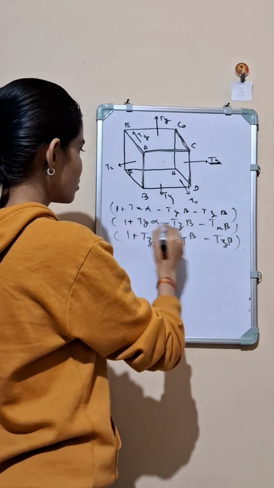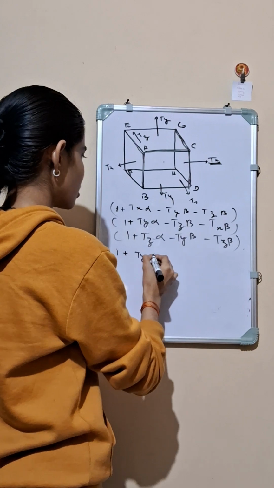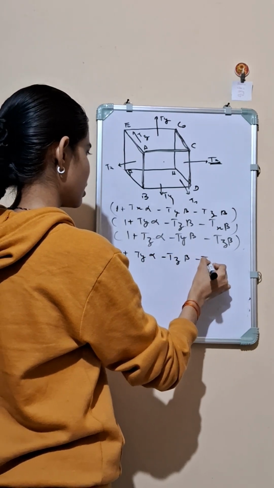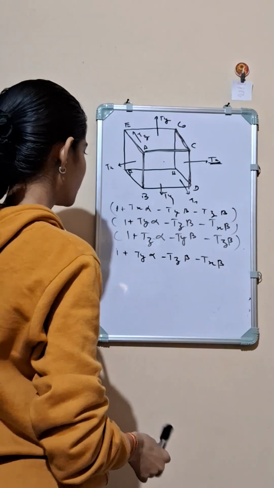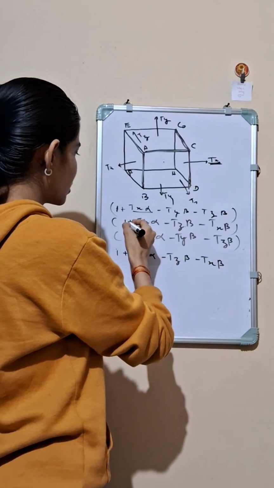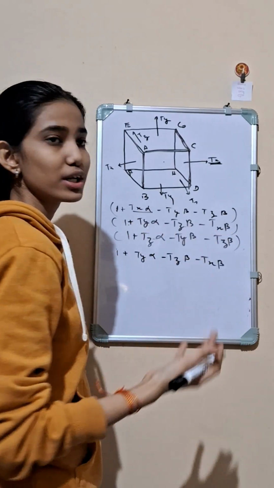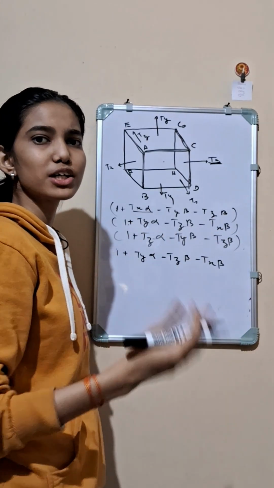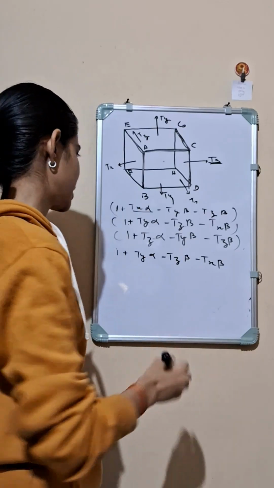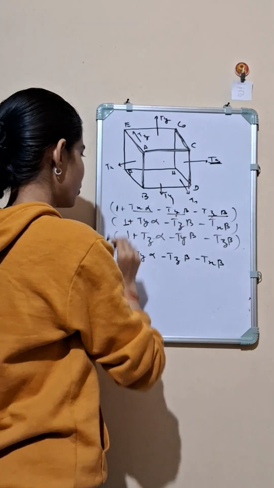So 1 into this thing will obviously be this thing, 1 into Ty alpha minus Tz beta minus Tx beta, right? Now multiplying this term with 1, because multiplying it with the other terms will give products like beta square, alpha square, or alpha into beta.